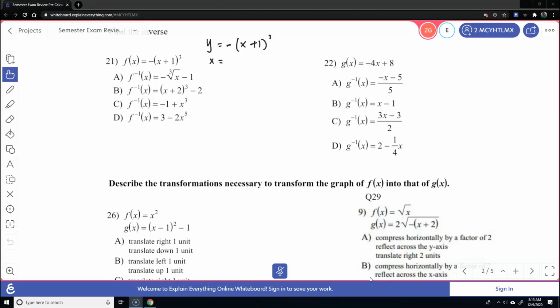So you have x equals negative (y plus 1) cubed. What you want to do now is divide by a negative 1. So you have negative x is equal to (y plus 1) cubed.